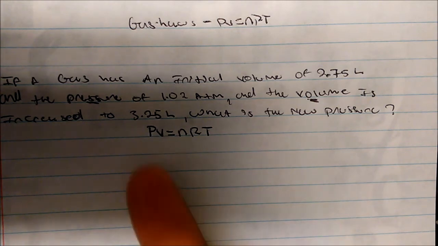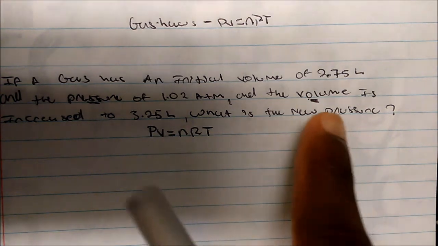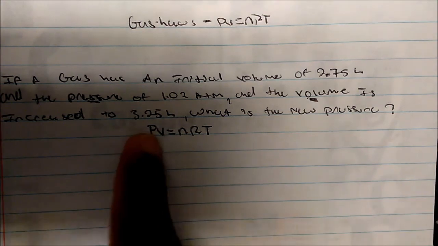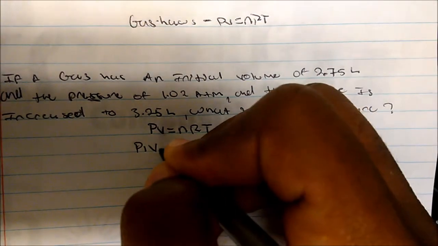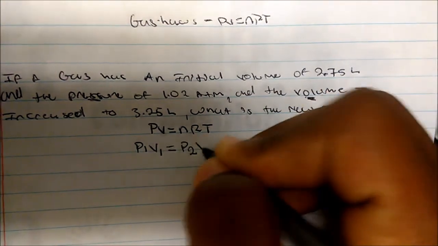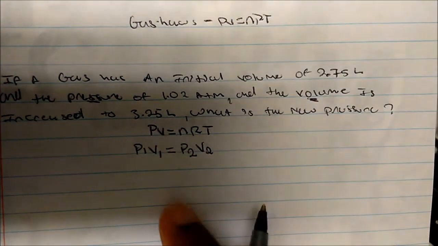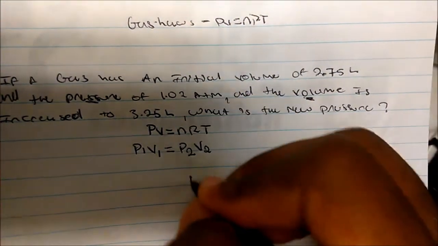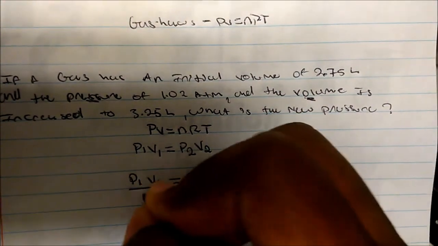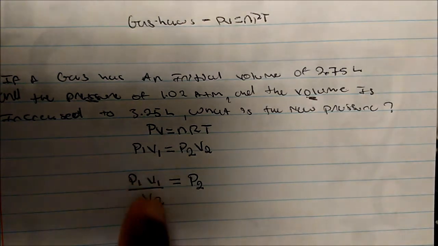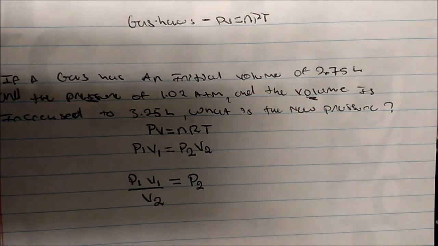In this case, it's already given, okay? So because we're dealing with pressure and volume, they're on the same side of the equation, and so we could say P1 V1 is equal to P2 V2. Now, obviously, we're solving for P2, so we could say P2 is equal to P1 V1 divided by V2. And then this simply becomes a plug and chug question.